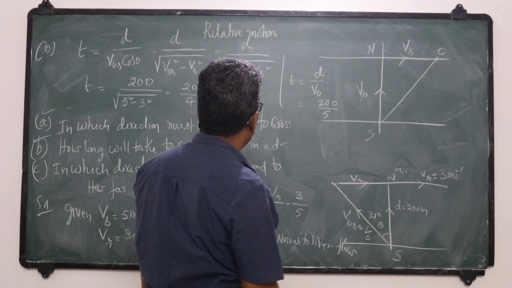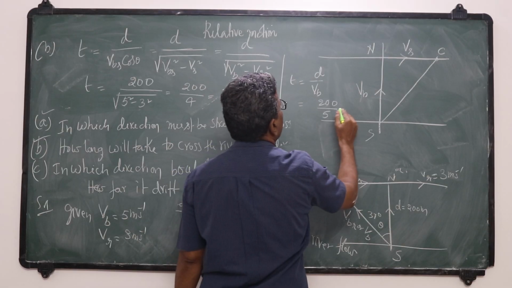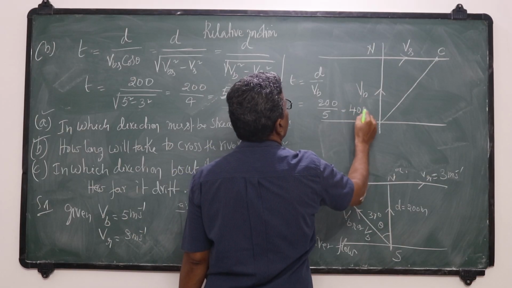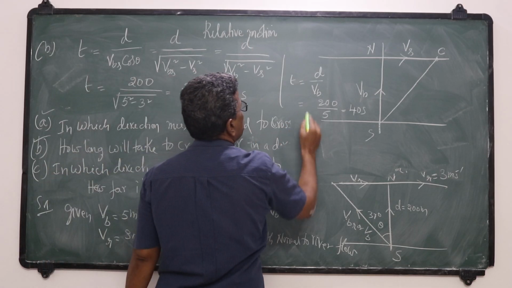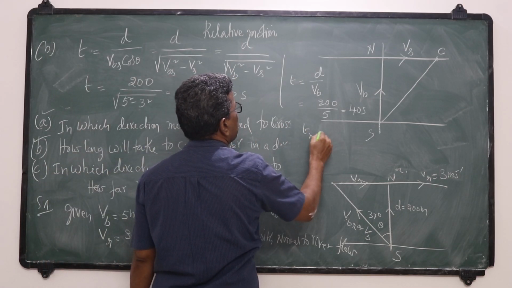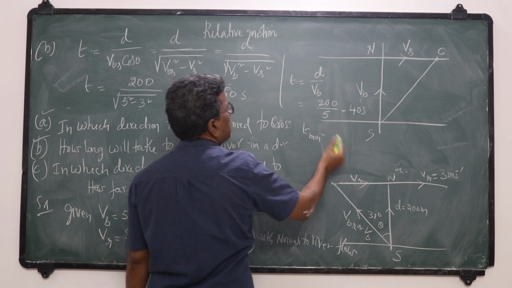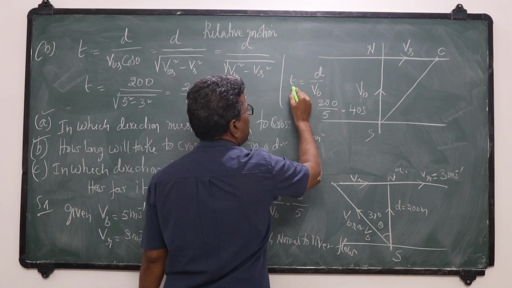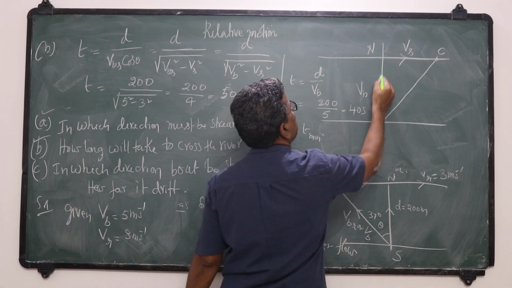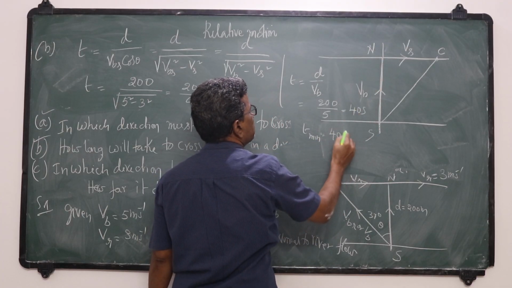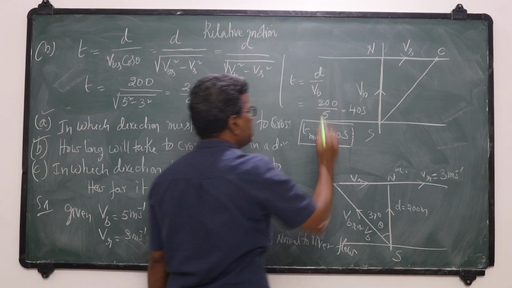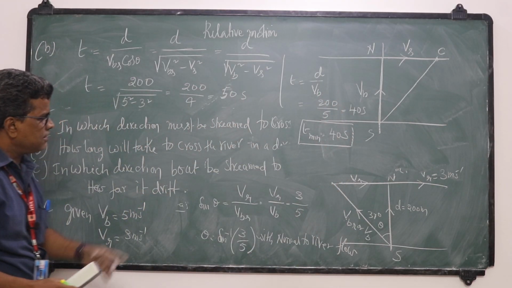It will take 200 by 5, which is 40 seconds. Is it less than the 50 seconds? Yes. So to cross the river in minimum time, the boat should be rowed in this direction. The minimum is 40 seconds; in 40 seconds he reached the other end.